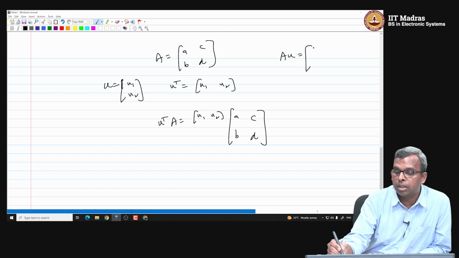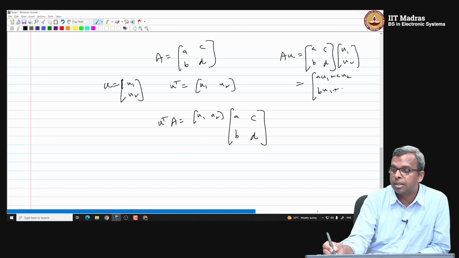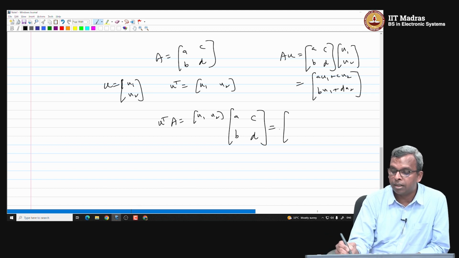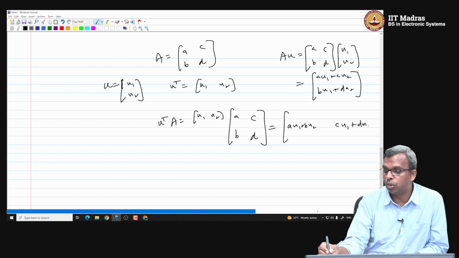What is AU? This is A, B, C, D multiplying U1, U2 on the right. When you multiply on the right, you're going to get AU1 plus BU2, CU1 plus DU2. Now multiply on the left, what do you get? You will get AU1 plus CU2 and then BU1 plus DU2.